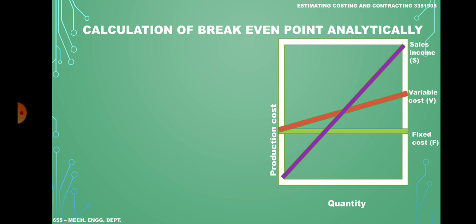The intersecting point between the sales income line and the variable cost line is known as the break-even point, and the quantity at the break-even point is known as break-even quantity Q, and the quantity at the end of the process is known as Q1.